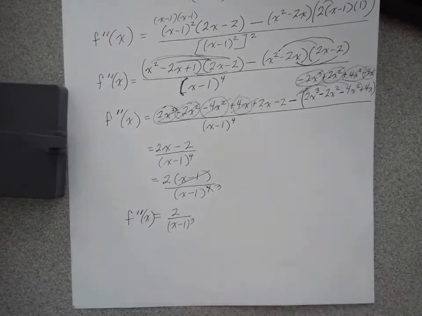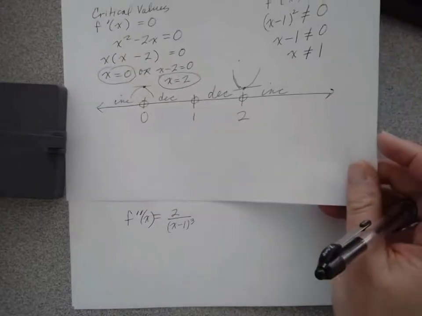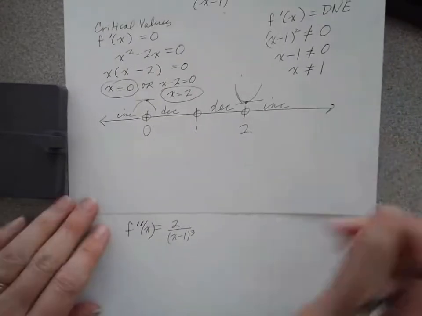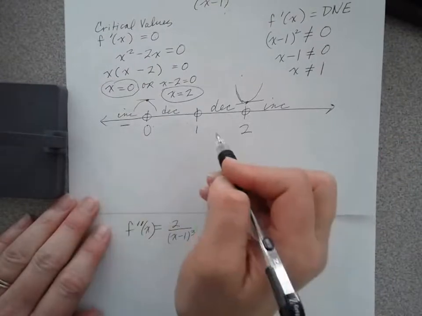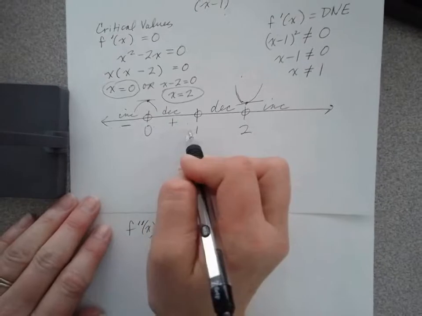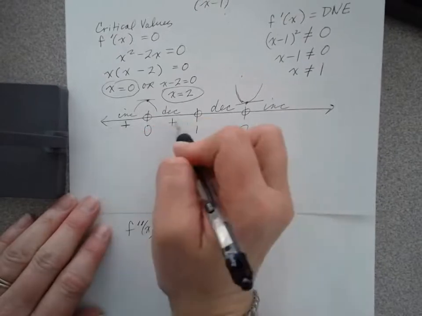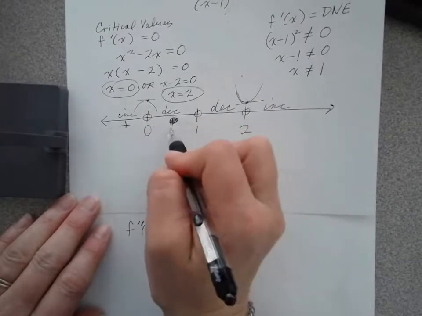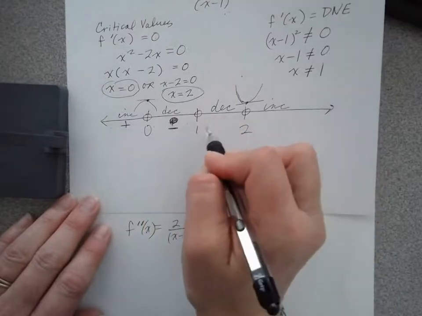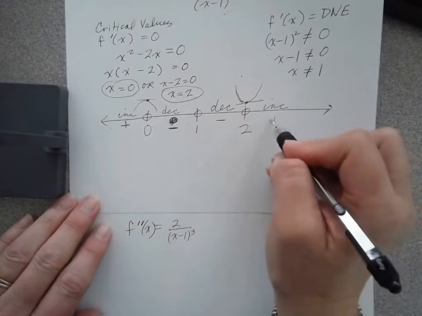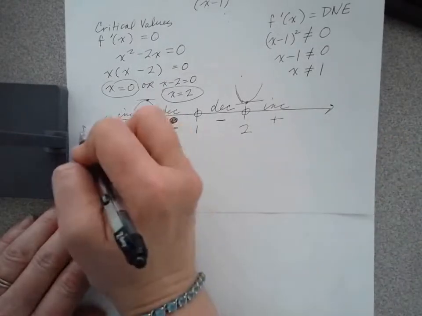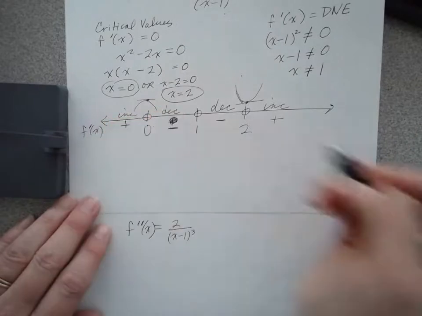Okay, so if you think about when we did the first derivative test, from negative infinity to 0, the first derivative was negative. From 0 to 1, the first derivative was negative. From 1 to 2, negative. And from 2 on, it was positive. So that was the first derivative for those intervals.